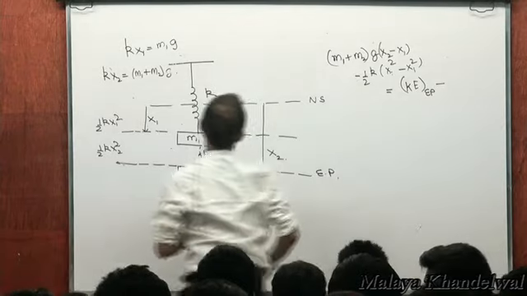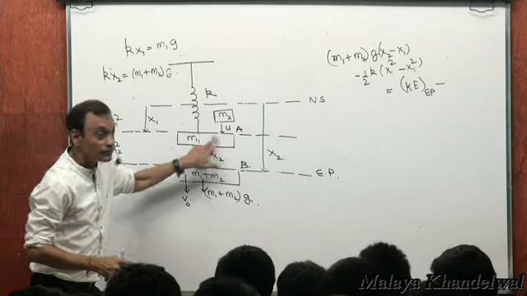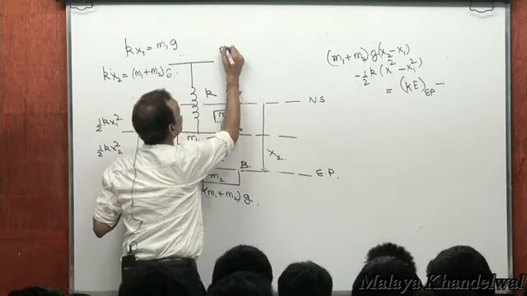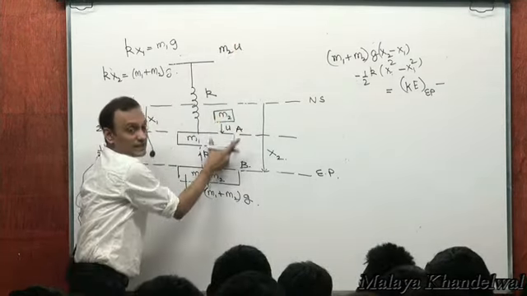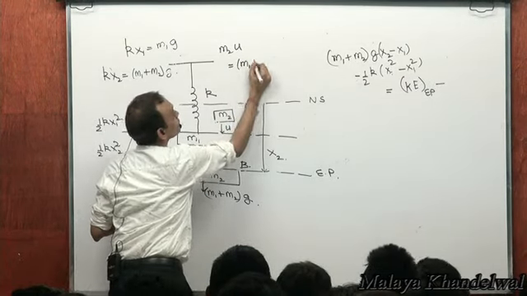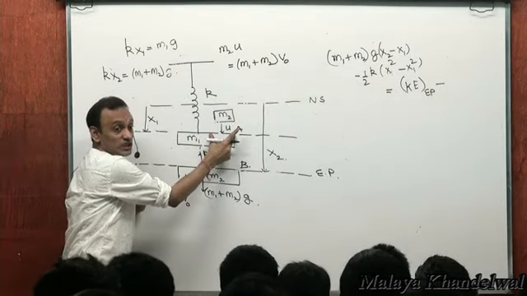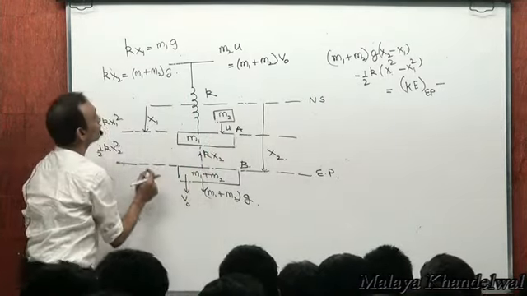When the two strike, m2u is the momentum that this brings to the system. Together, m1 and m2 move with a velocity v0. Conservation of linear momentum, yes or no?